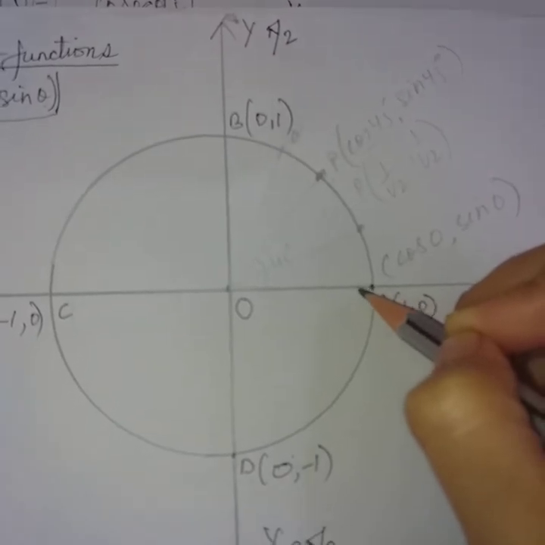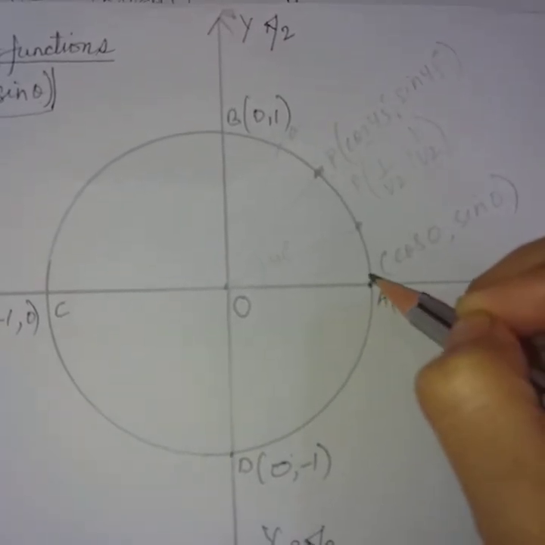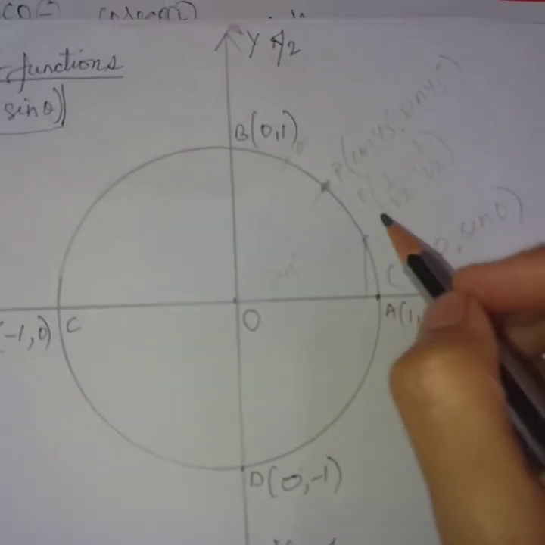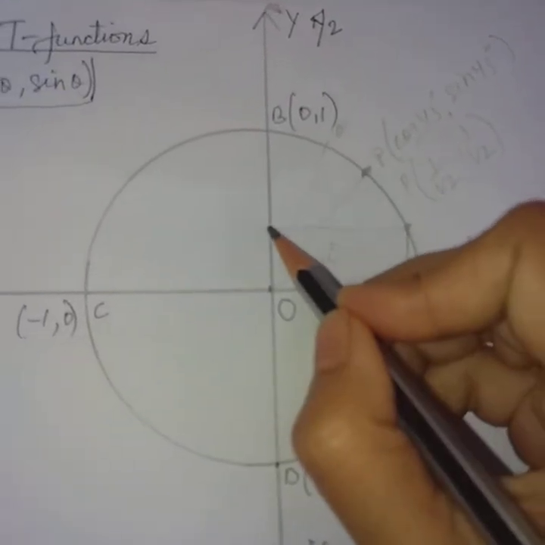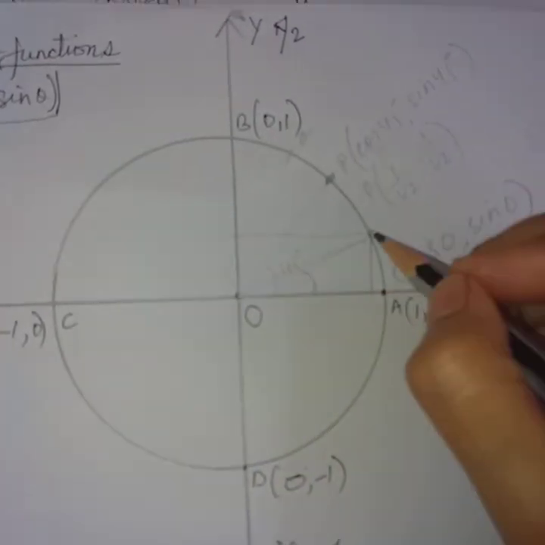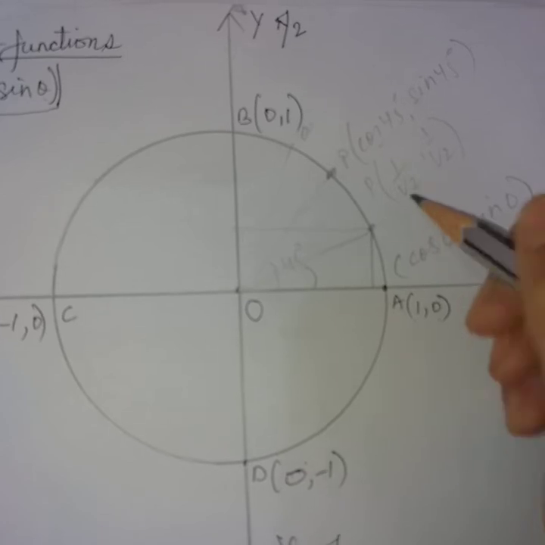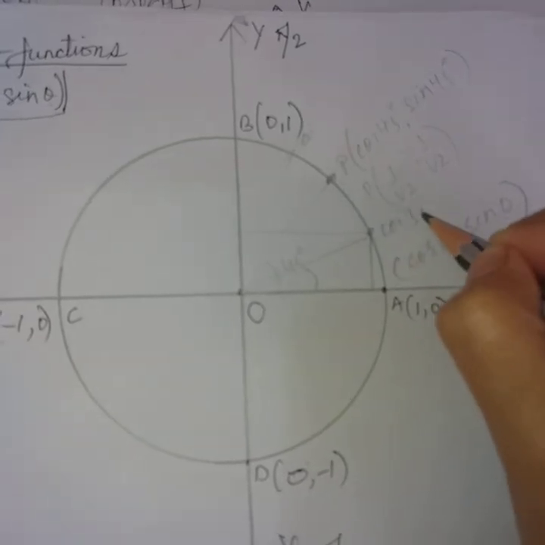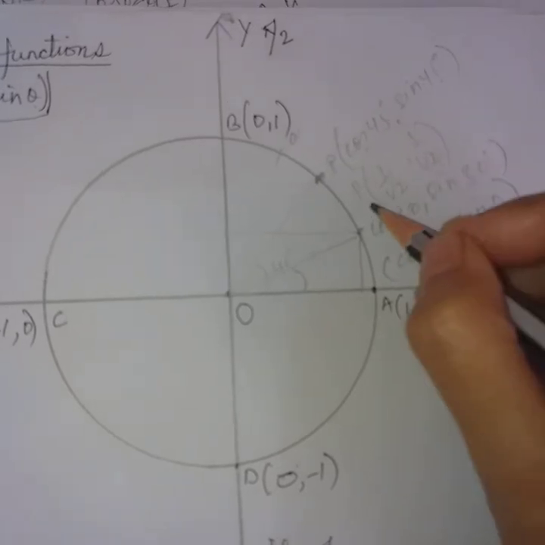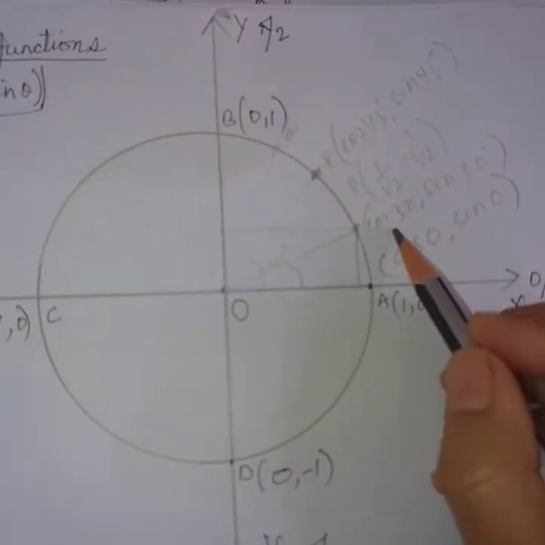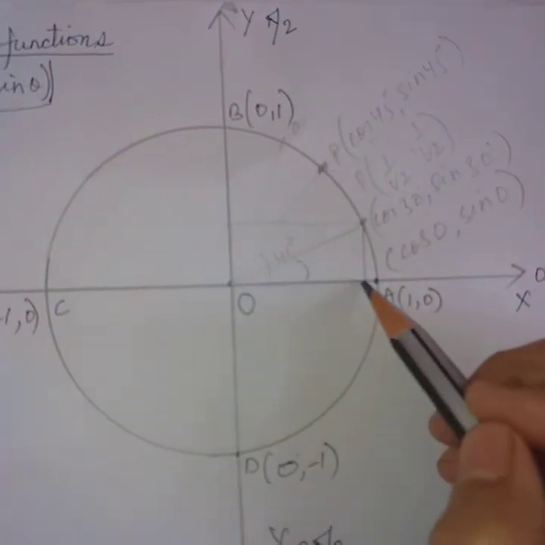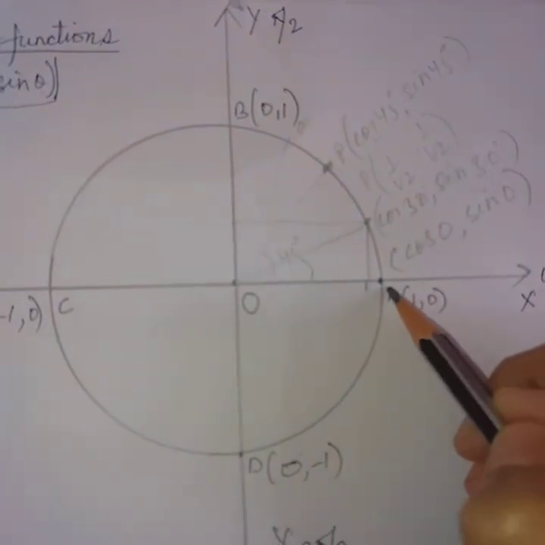Now here, as the value of x decreases, what happens? Say this is 30 degrees, this point is cos 30, sin 30. For this point, the value of cos 30 is less than 1.